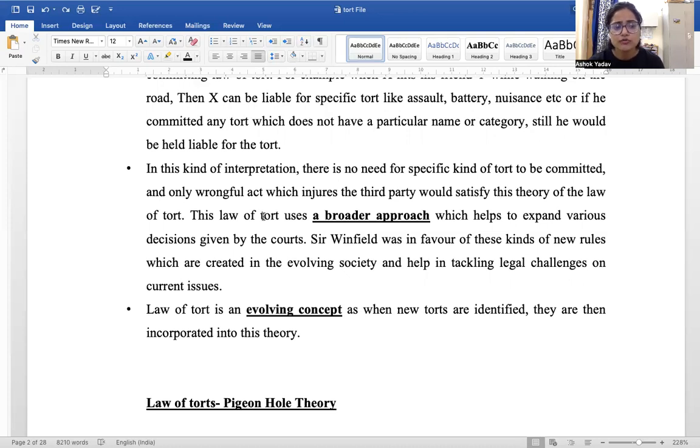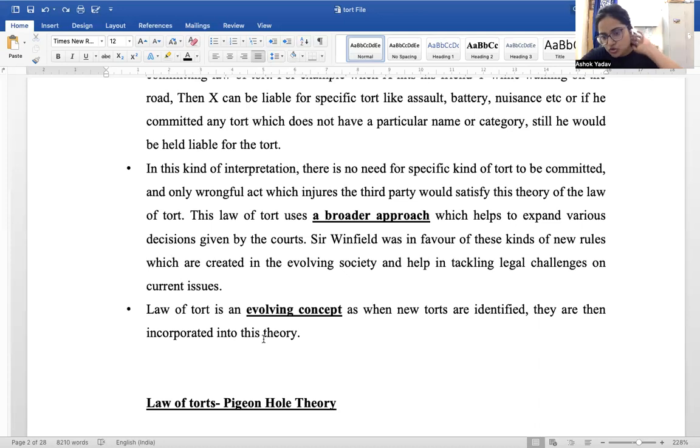This theory of law of tort uses a broader approach, which helps to expand various decisions given by the court. Sir Winfield was in favor of these kinds of new rules, which are created in the evolving society and help in tackling legal challenges on current issues. Law of tort is an evolving concept, as when new torts are identified, they are then incorporated in this theory.